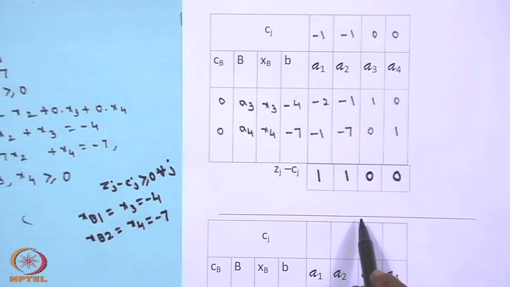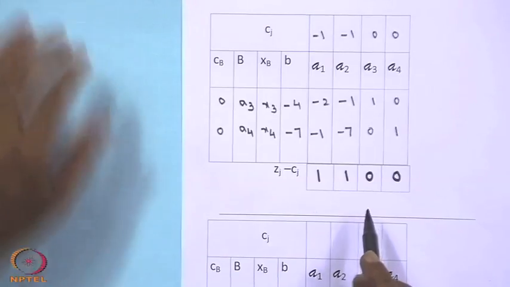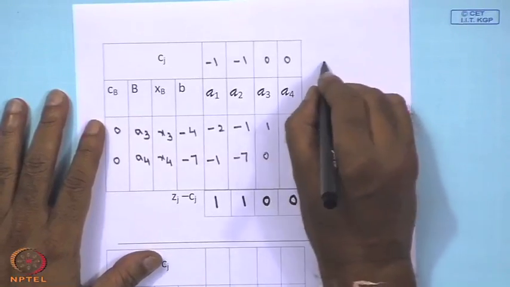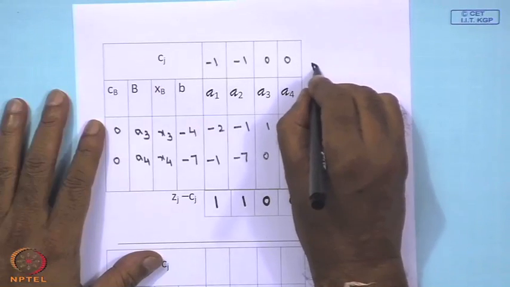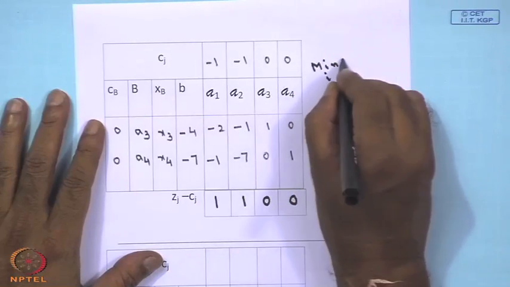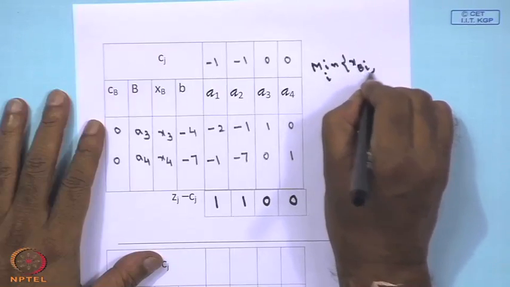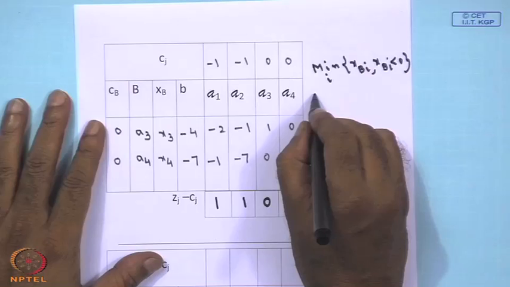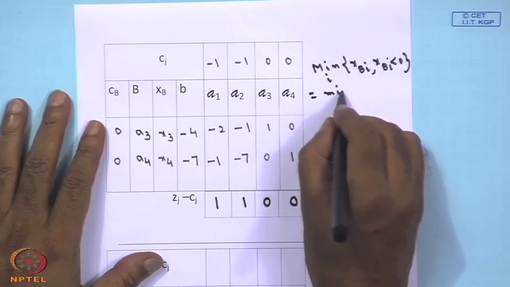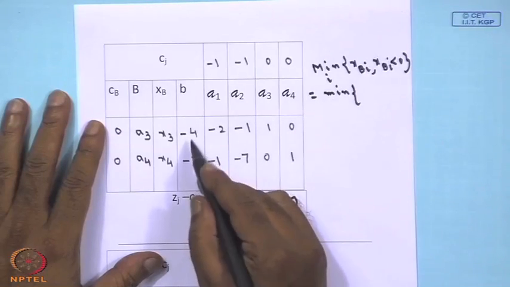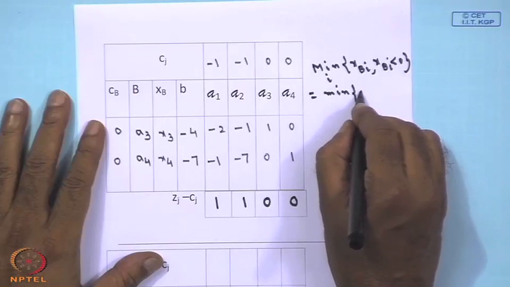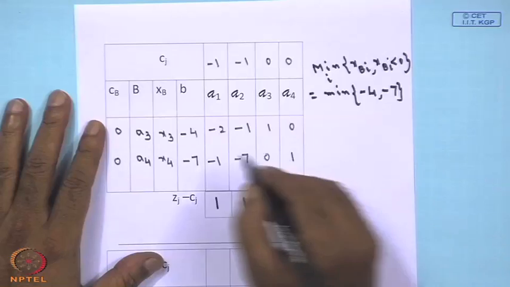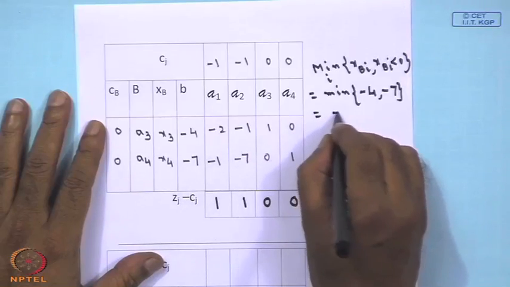So, we have to choose now a basis vector which will depart from this basis. So, what we told, I am just writing again here: minimum of xbi, where xbi is less than 0, you have to take only this part. You are having only 2, xb1 and xb2, these two are negative ones, minus 4 and minus 7, and the minimum is minus 7.